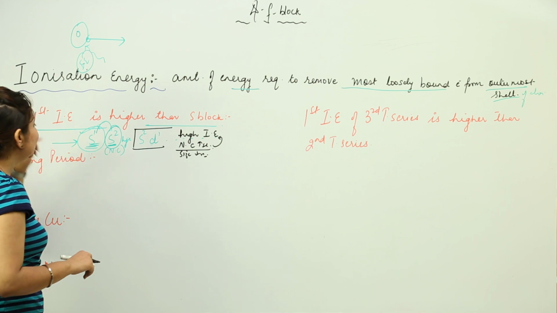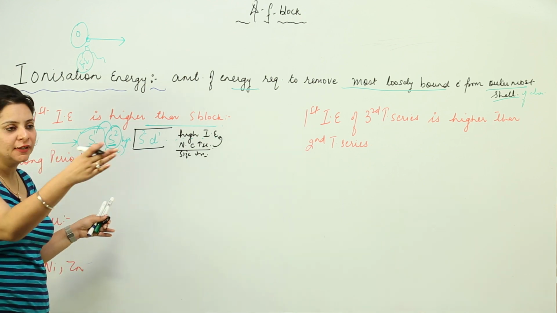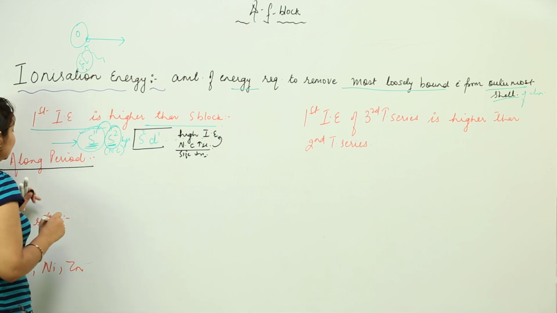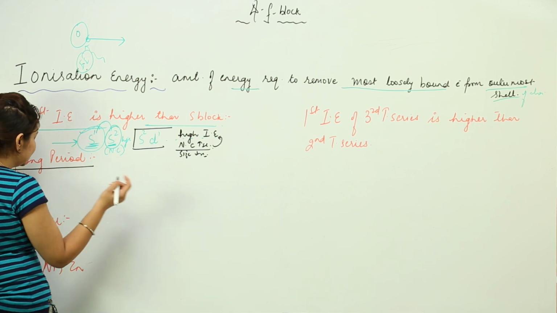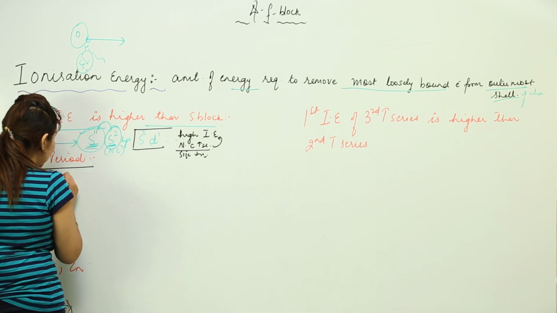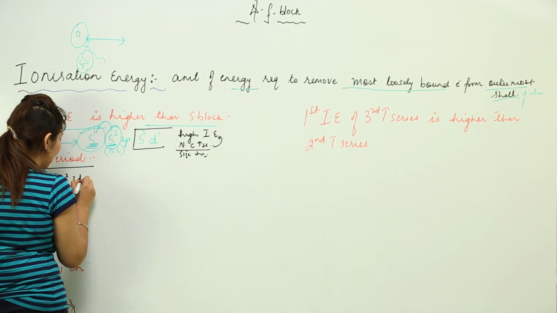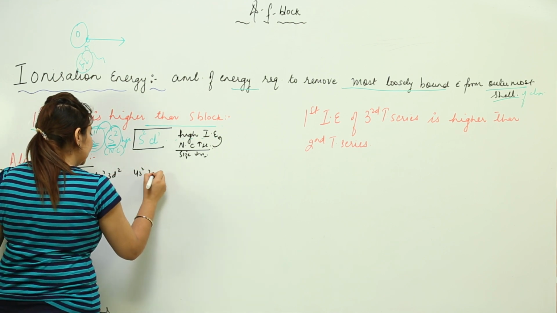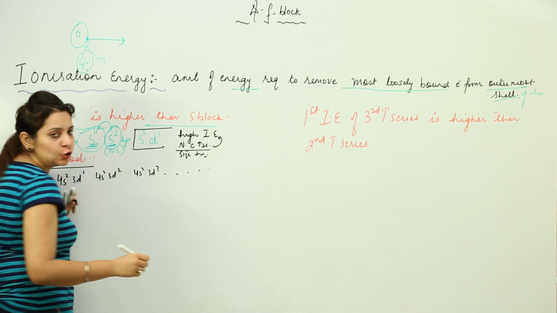Now we will see how it varies along the d block elements, along a period. Let us take an example of the first transition series. It is 4s2 3d1, 4s2 3d2, 4s2 3d3. This kind of trend you get to see here.